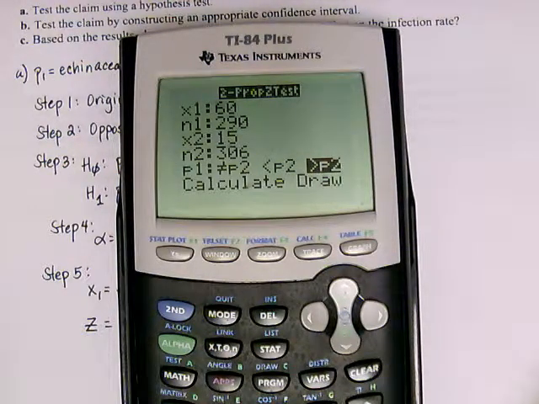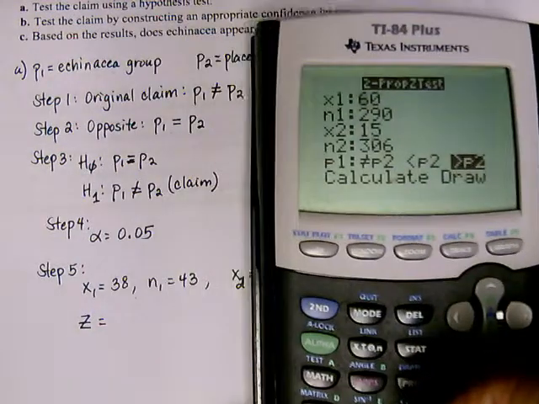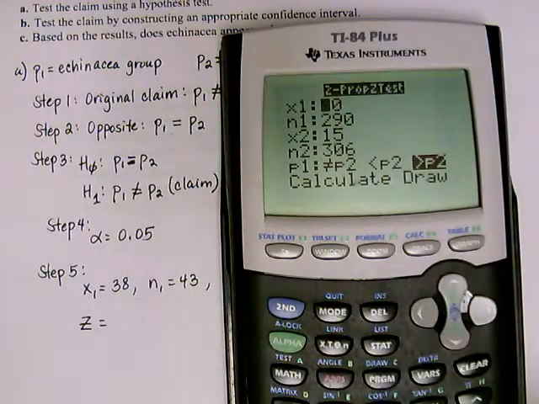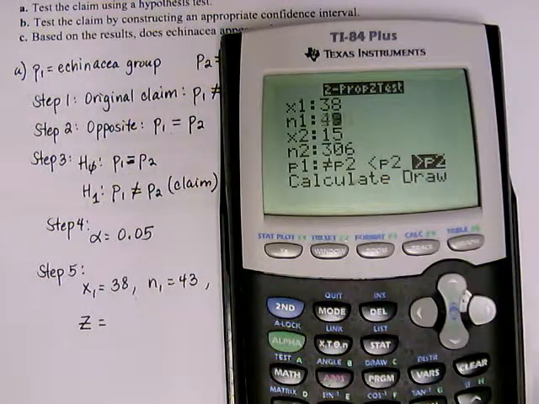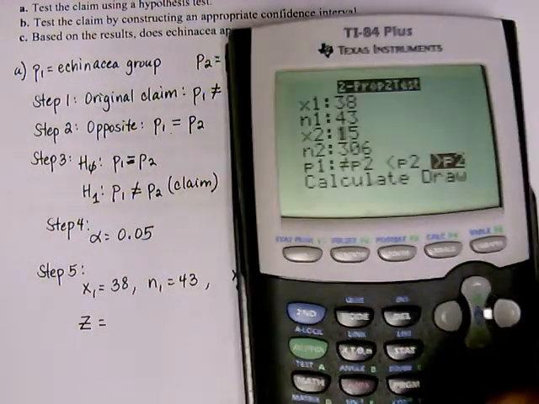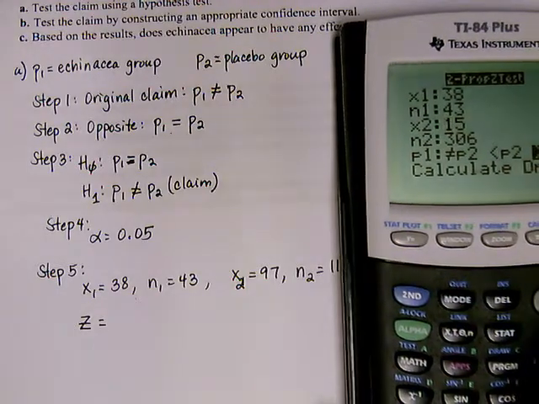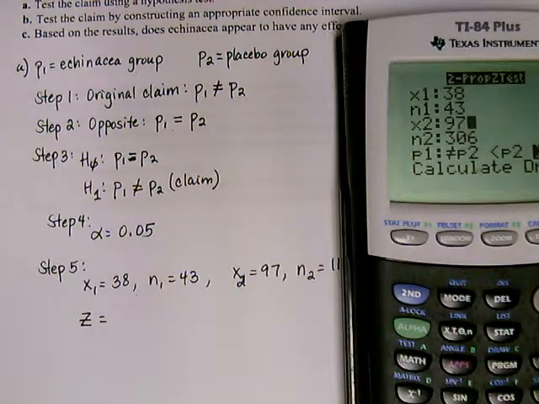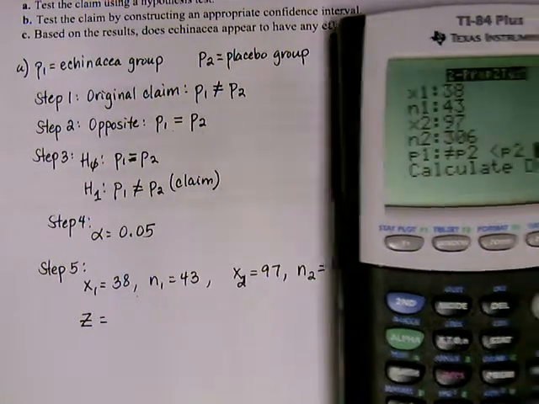Now X1, in this case, is 38, and N1 is 43. So for X1, I'll type in 38, then enter. N1 is 43, type in 43 and press enter. X2 is 97, so I'll type in 97 for X2, and then N2 is 112.